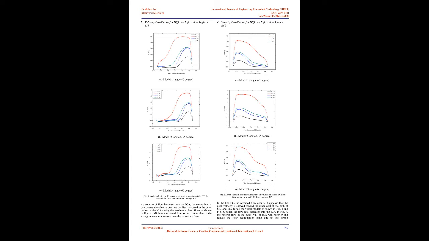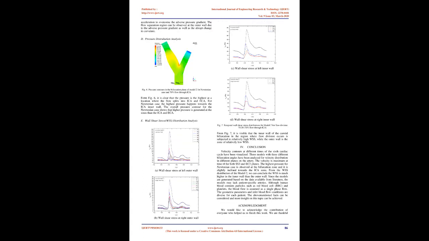D. Boundary condition. For the Newtonian fluid, the viscosity is taken as 0.0035 kg/ms. In the simulation, a time-varying temporal physiological waveform of velocity was specified at the inlet of the common carotid artery, CCA. The peak and mean flows in the CCA were given as 1.107 m/s and 0.5067 m/s, respectively.